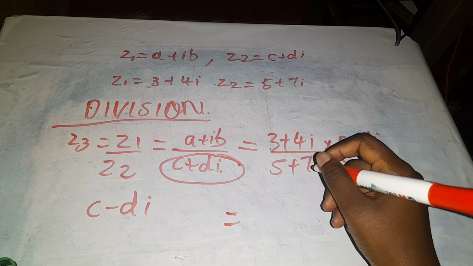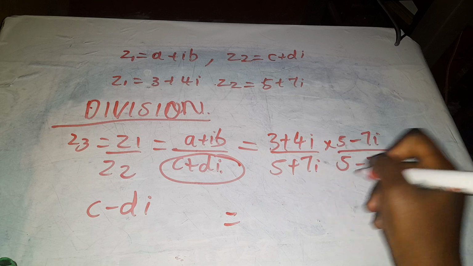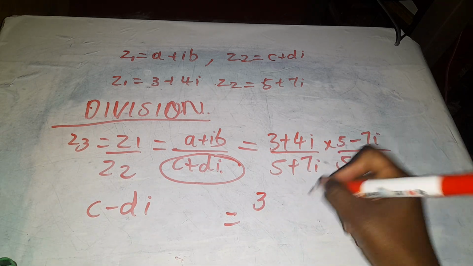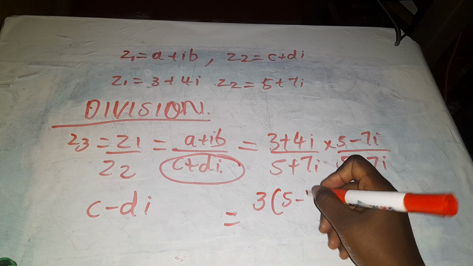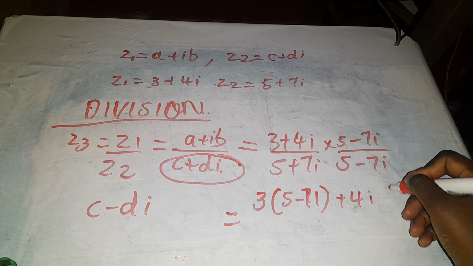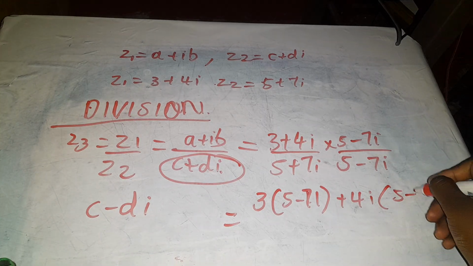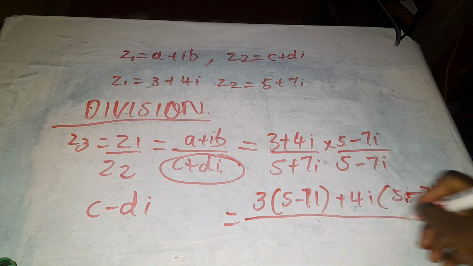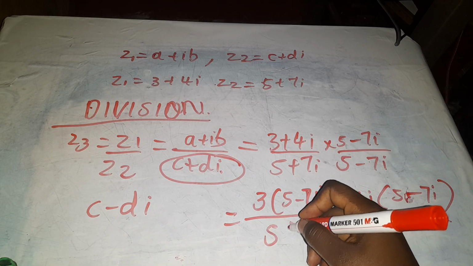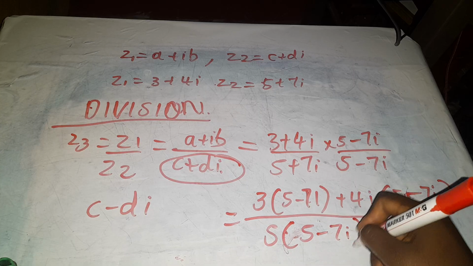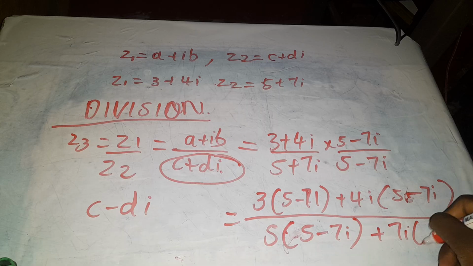So our answer is going to be 3(5 minus 7i) plus 4i(5 minus 7i) over 5(5 minus 7i) plus 7i(5 minus 7i).